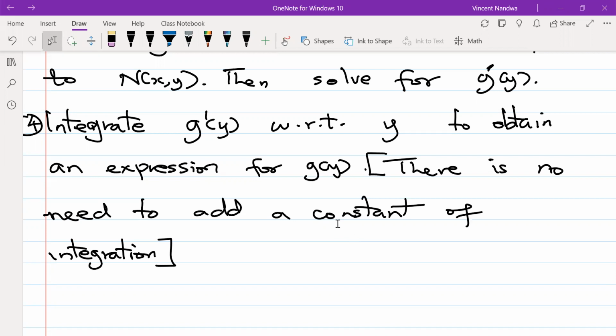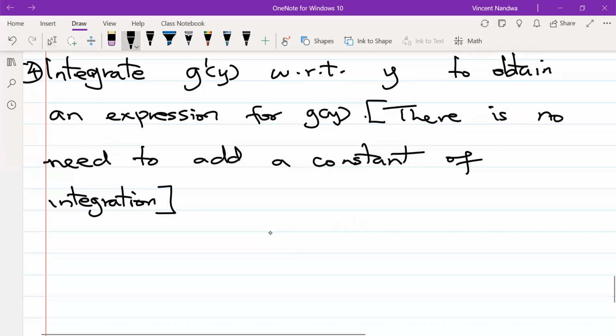Though the integration is indefinite, at this point you don't have to add the constant c.